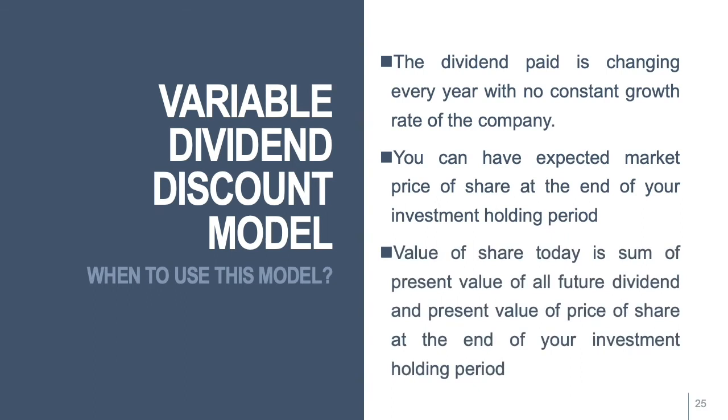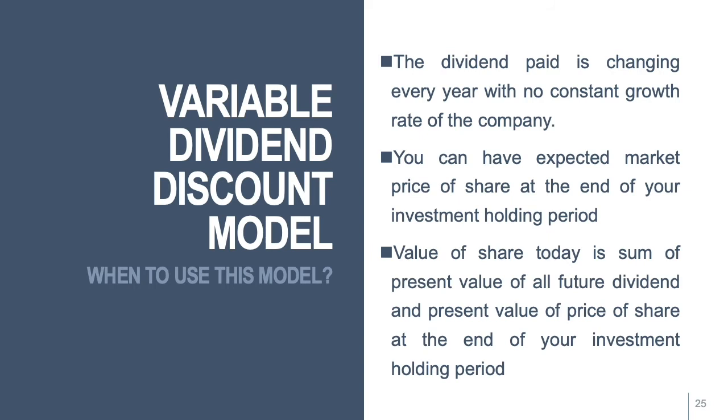Then the value of the share today is the sum of the present value of all future dividends and the present value of the price of the share at the end of your investment holding period.